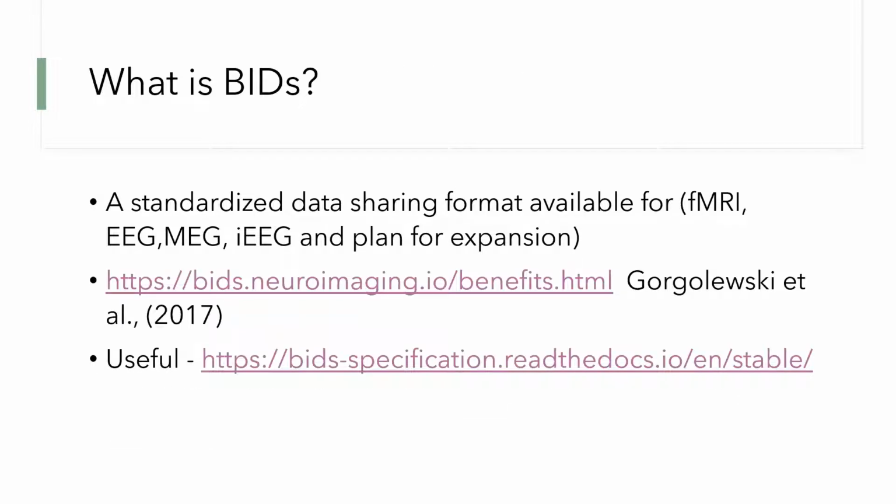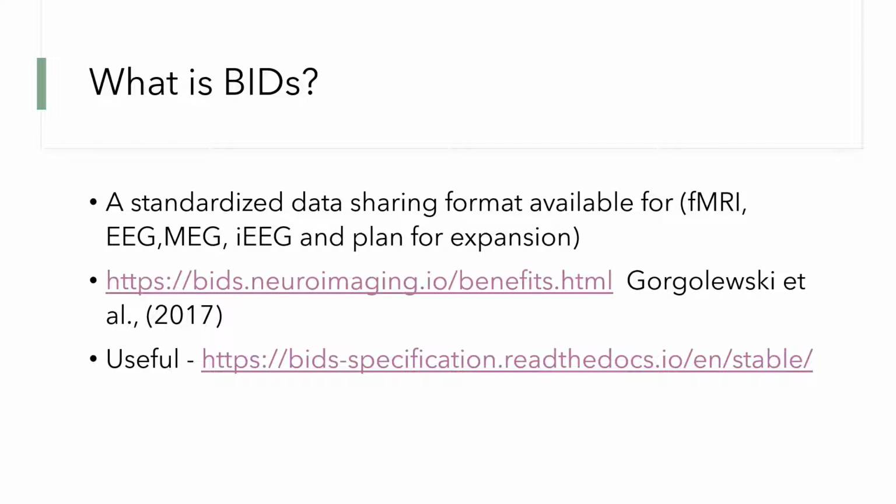So the main idea of BIDS is exactly this, to standardize the same format for different types of data. BIDS is not just for fMRI data. It has extensions also for EEG, MEG, ECoG, so that's implanted electrodes for epilepsy patients. And there are even some plans for expansions for behavioral data or computational models or things like that.